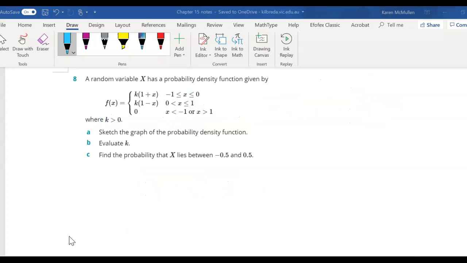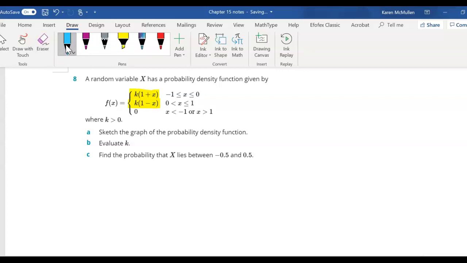All right, so for question 8, a random variable has a probability density function given by, so you've got a hybrid function there, and you can see different intervals. But we've also got k. Okay, so with question A, where it says sketch the graph of the probability density function, these are both linear functions, okay?